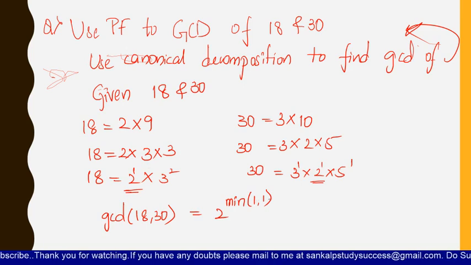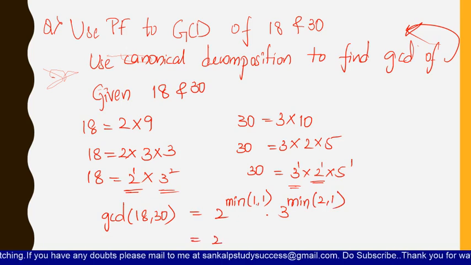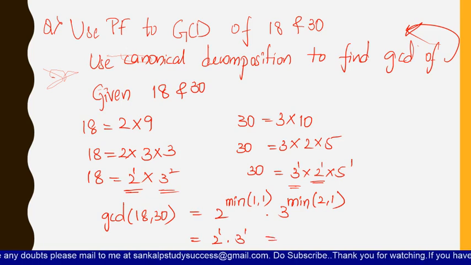You need to find the minimum of 1 and 1, into 3, right? 3 is also in common. The powers of 3 are 2 and 1, so the minimum of 2, 1. So 2 power minimum of 1, 1, which is 1, into 3 power minimum of 2, 1, which is 1, right? What is the product of this? 3 times 2 is 6. So the GCD of 18 and 30 is 6.